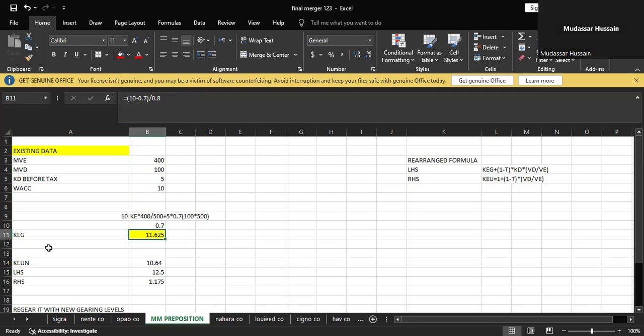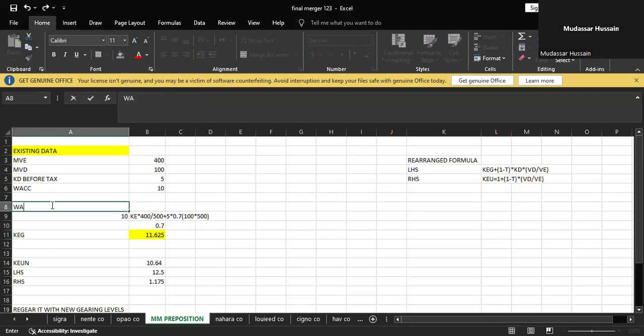This is the WACC formula used to have Keg, cost of geared. So we find the geared cost of equity that is coming as 11.625.